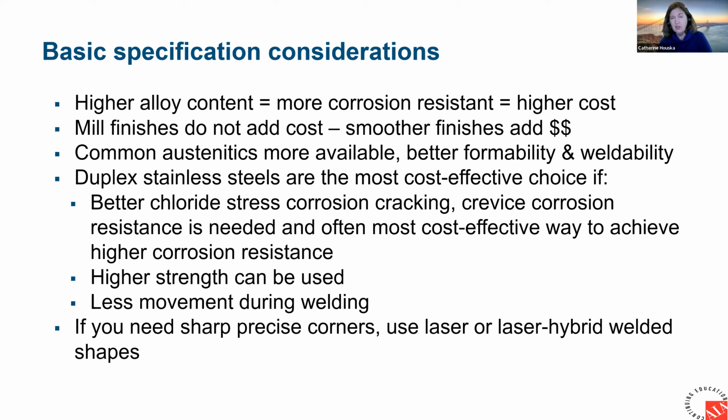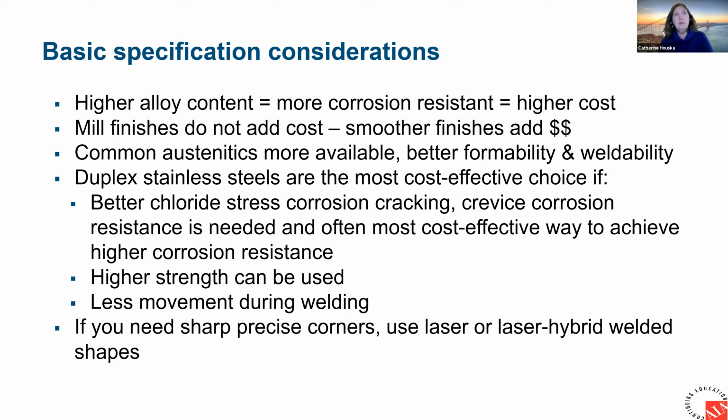And some finishes that you might be familiar with on light gauge products simply aren't going to be available on a typical structural section. The common austenitics are more available, like 304 and 316. And the duplexes are, however, often more cost effective.